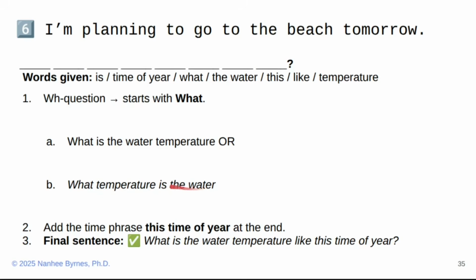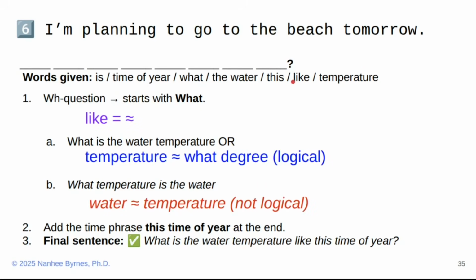So which should we choose? There are 7 blanks in the question, which means we also need to include the word "like." Now, "like" is a comparison word. "A is like B" means that A and B are similar in some way. If we tried to add "like" to "what temperature is the water like," it doesn't make sense.